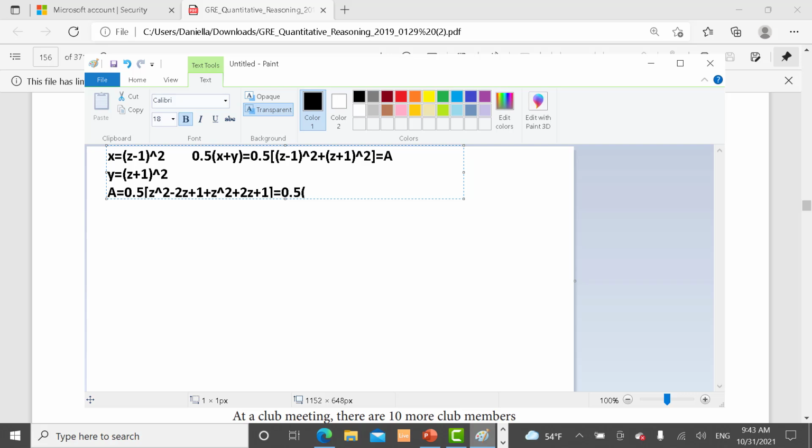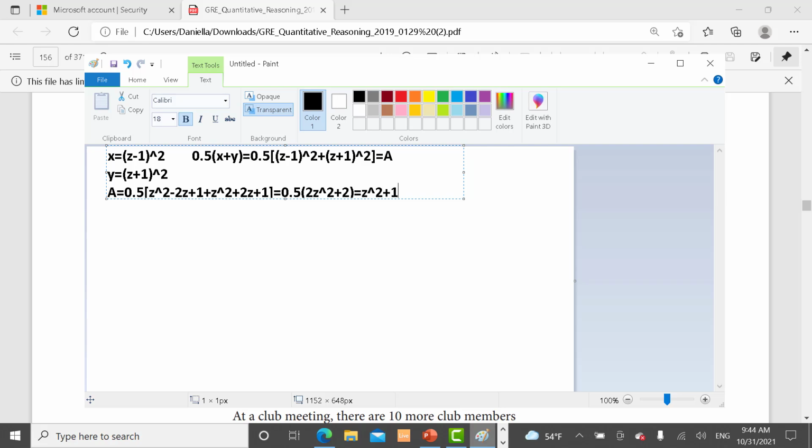Now z squared with z squared is 2z squared, and then minus 2z with plus 2z cancel out, and plus 2. Now we can times 0.5 into each of these components. We got 0.5 times 2z squared, just z squared, and 0.5 times 2 is 1.